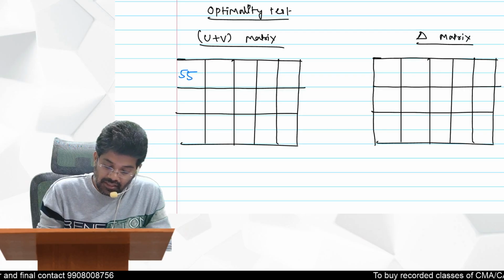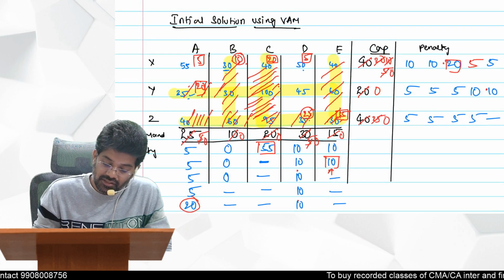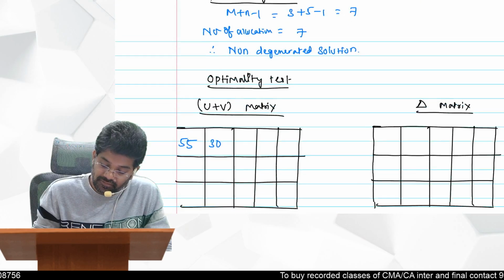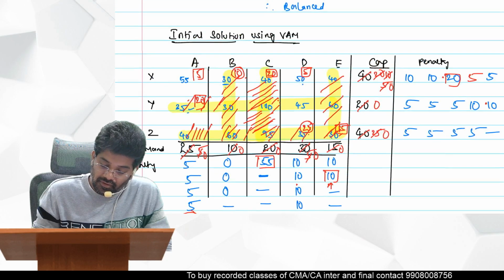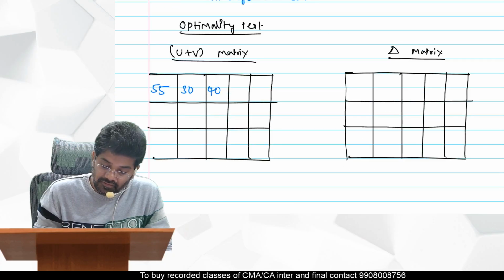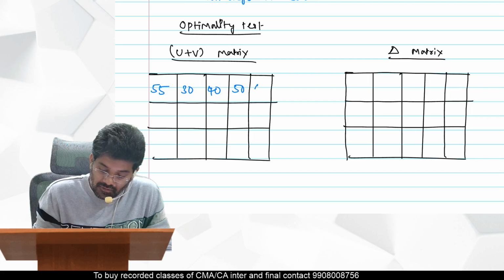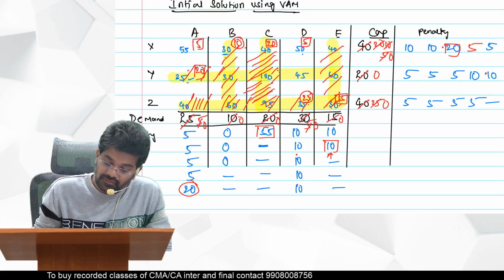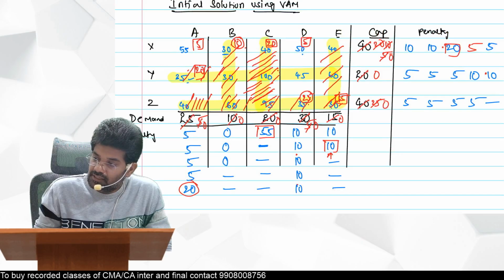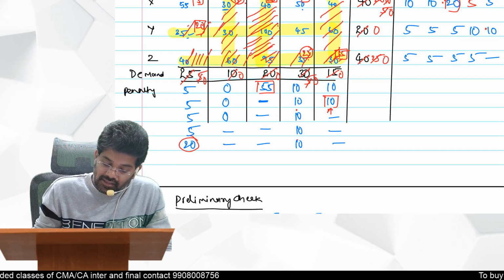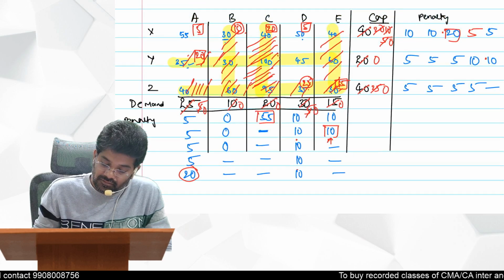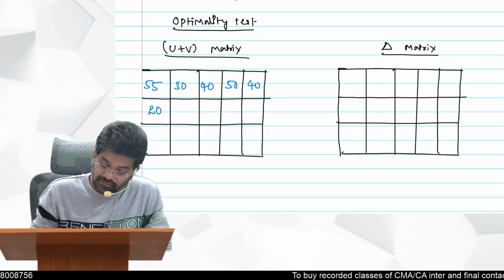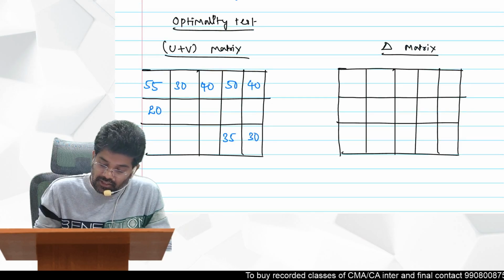Then 30. Second one also we have done allocation, 30. Third one 40. Fifth one 50. 40. Yes. Then next one 20. Then here last 35, 30.